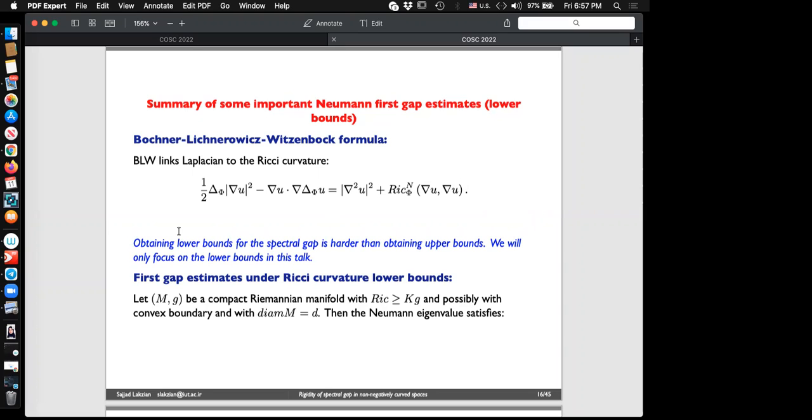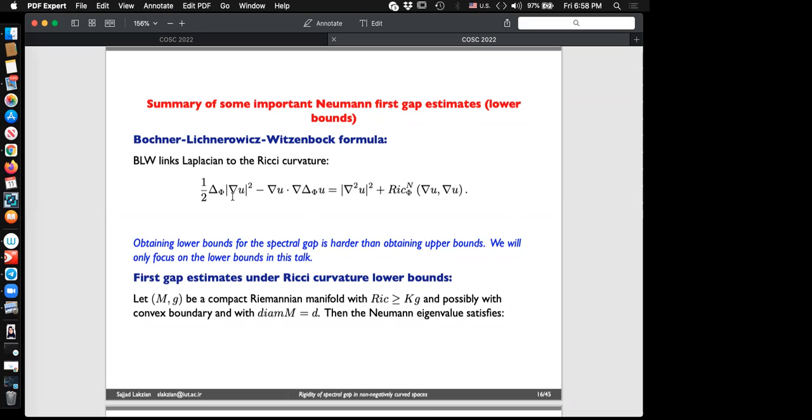If Ricci is bounded below by some number k, in the sense Ric ≥ kg, then you can use the Bochner formula. This formula is written for the Bakry-Émery tensor, but if you take phi to be a constant function, it is the usual Bochner formula for the Laplacian. If you use an eigenfunction, I can put minus lambda u for delta u here, bound Ricci below by kg, and the Hessian term is non-negative.